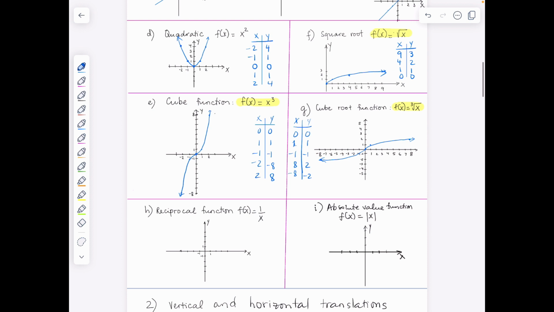Next up, we have the reciprocal function, or the function 1 over x. Some critical points are, so we'll start with 1. If x is 1, 1 over 1 is 1. X is 2, then 1 over 2, that's 1/2.